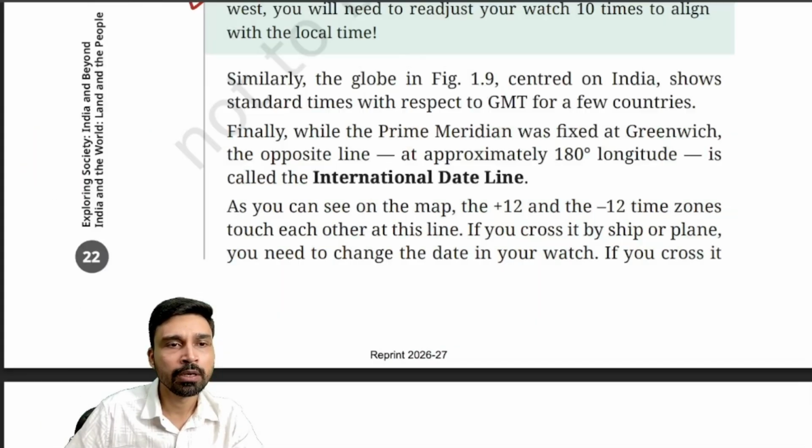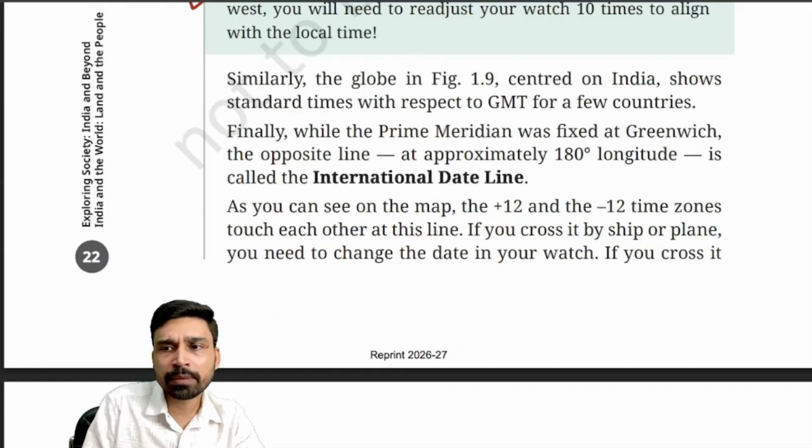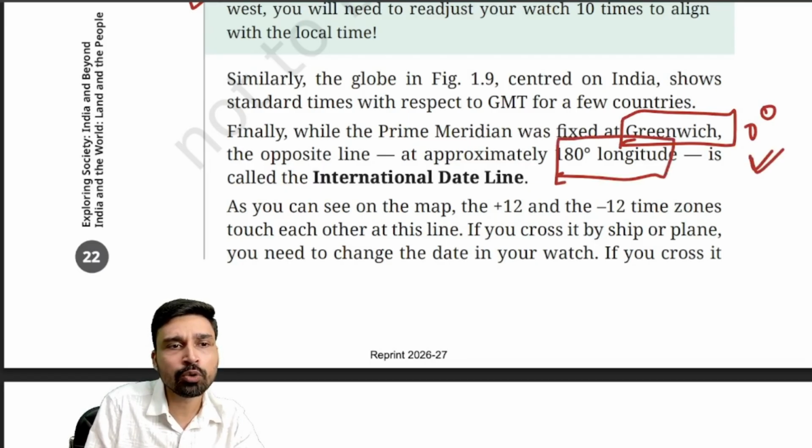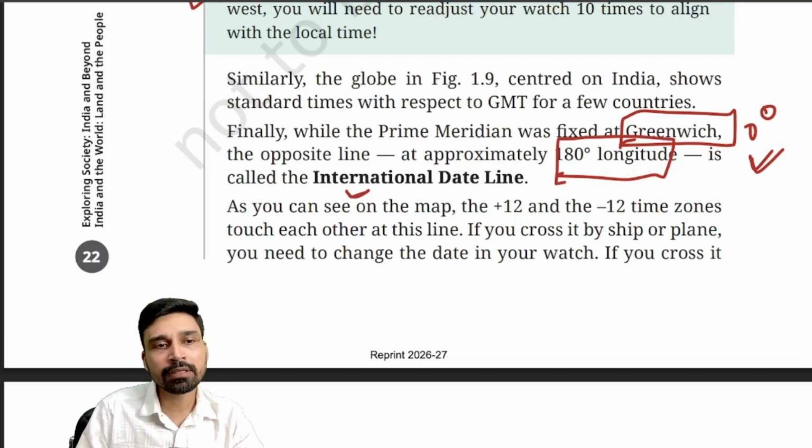Now, finally, while the prime meridian is fixed at Greenwich, which we have referred to as 0 degree longitude, the opposite line, which we have called 180 degree longitude, is also roughly coinciding with a line that we call the international date line.